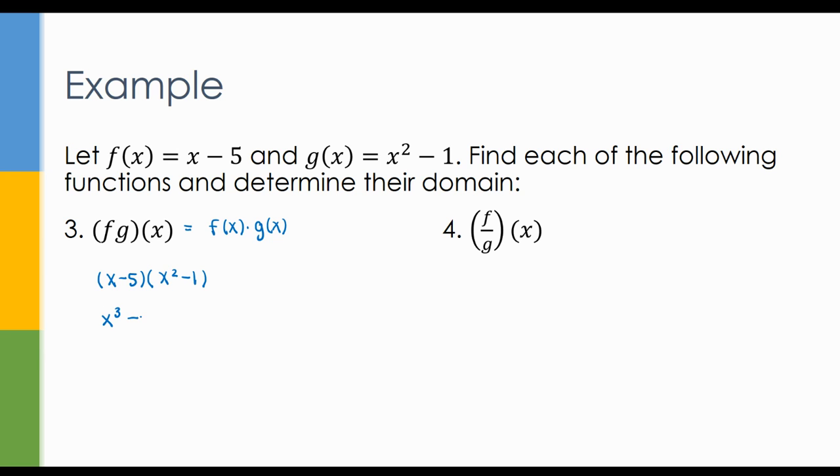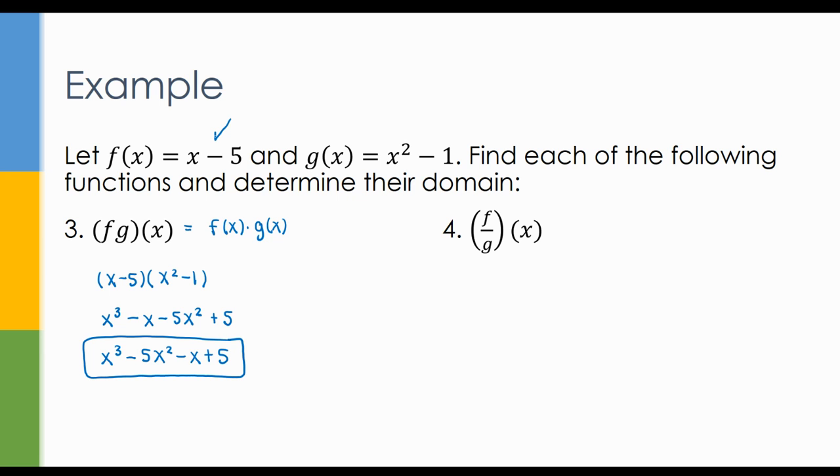X times -1 is -1x. -5 times x squared is -5x squared. -5 times -1 is +5. I don't see anything to combine. I am going to rearrange the terms to put it in descending order, or what we call standard form. And so x cubed minus 5x squared minus x plus 5 is going to be the product.